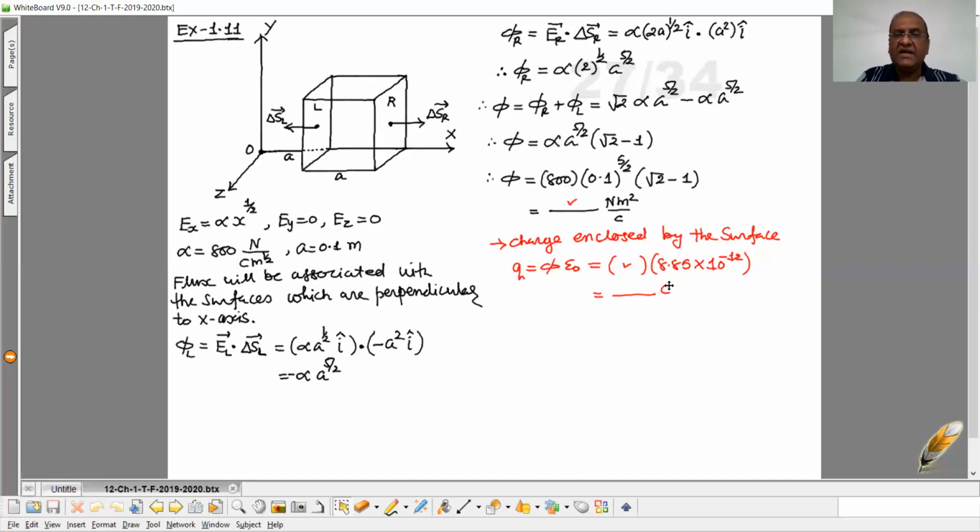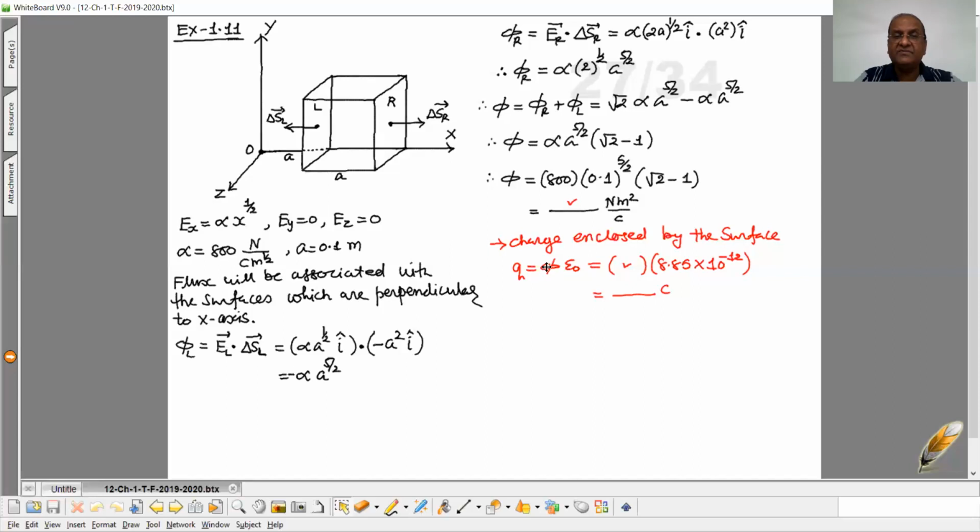Now the charge enclosed by the surface, that we want to calculate. As per Gauss's theorem, the flux associated with any closed surface is the ratio of the net charge enclosed by the surface to epsilon 0. So phi is q upon epsilon 0.